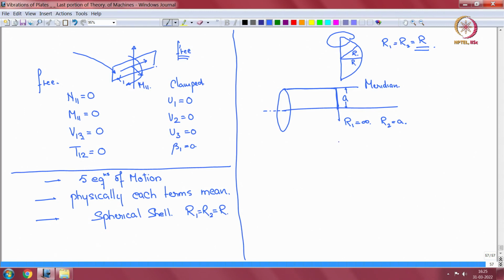Now if I have a sphere, and this is my center, then at some point I take an element on the sphere.